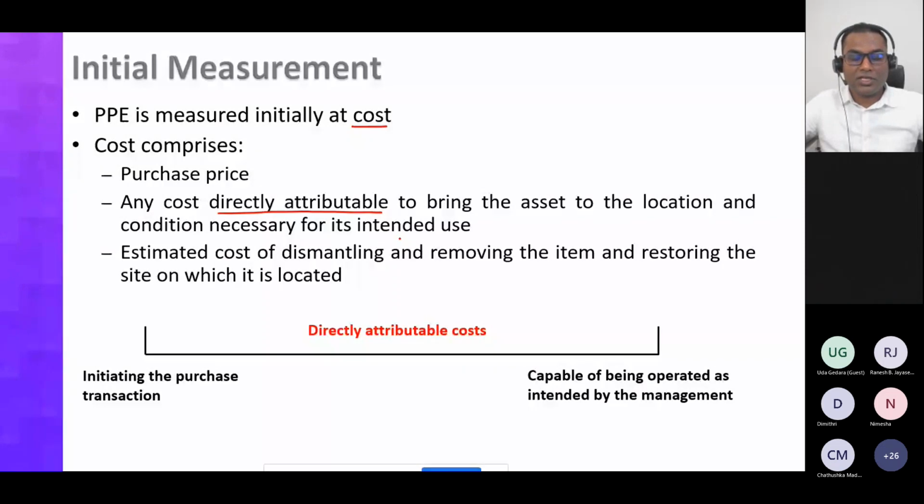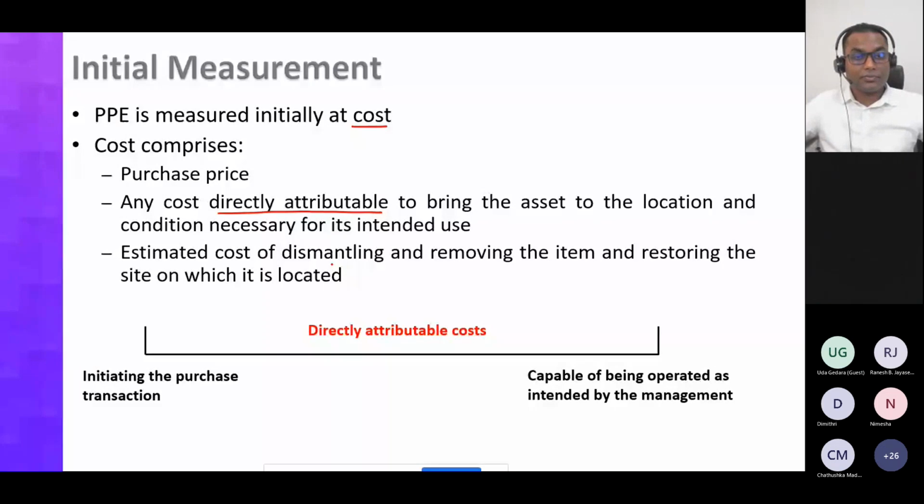Let's say from Germany to here, I had to bring the machinery: freight charges, insurance charges, custom duty, then transport charges from port to my warehouse. I had to incur a fixing cost. All these things are directly attributable cost to bring the asset into the current condition and location, which you can capitalize within the initial cost of the machinery.